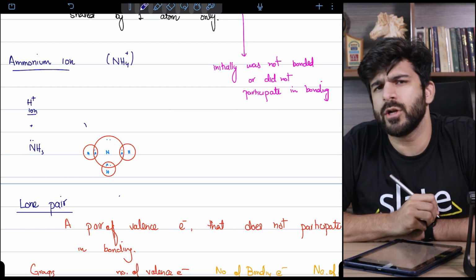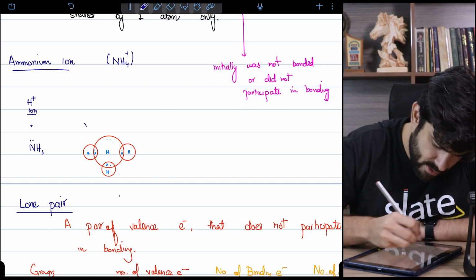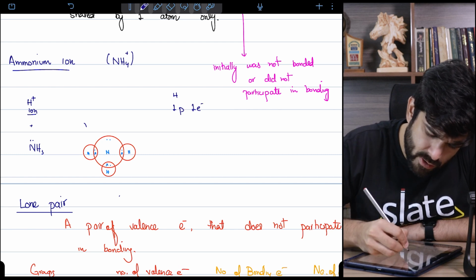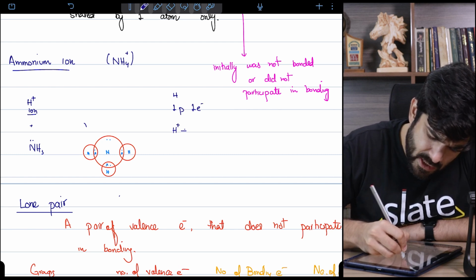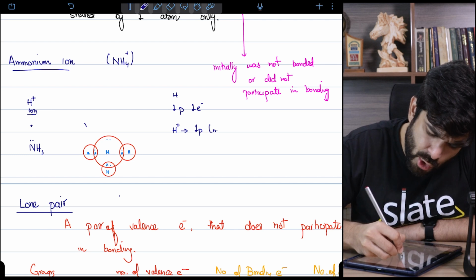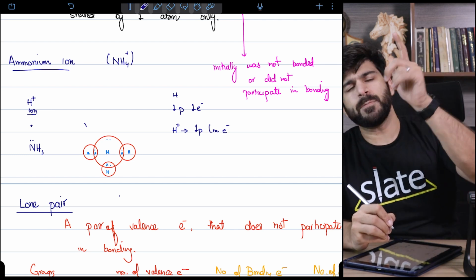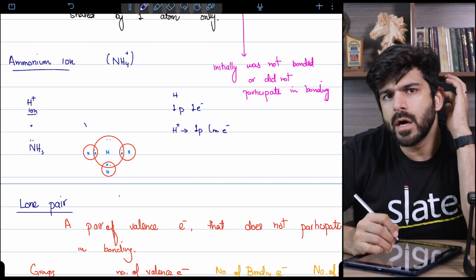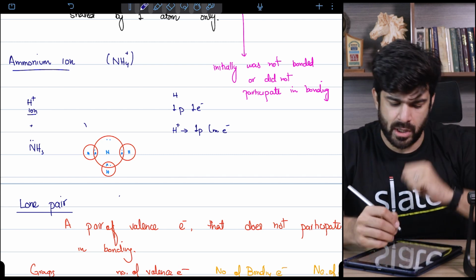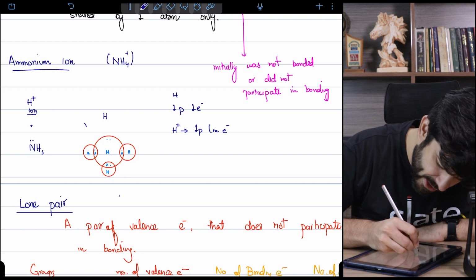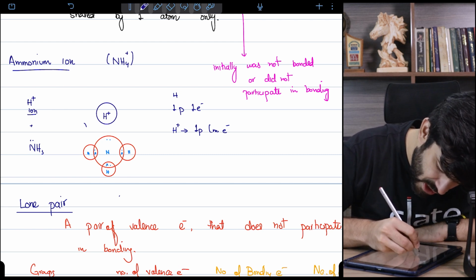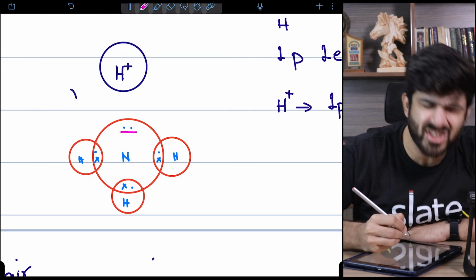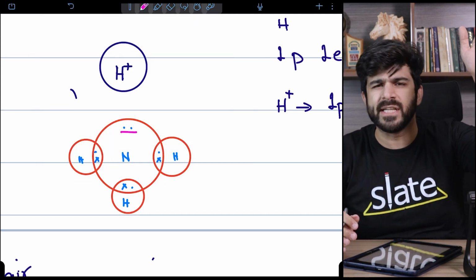What is the electronic configuration of a hydrogen ion? Hydrogen has 1 proton, 1 electron, but H plus just has 1 proton, no electron, right? So H plus ion has a capacity of receiving 2 electrons. It has an empty shell. So if we have H plus with an empty shell, what can nitrogen do? Nitrogen has an extra pair of electrons, not using and doing anything.